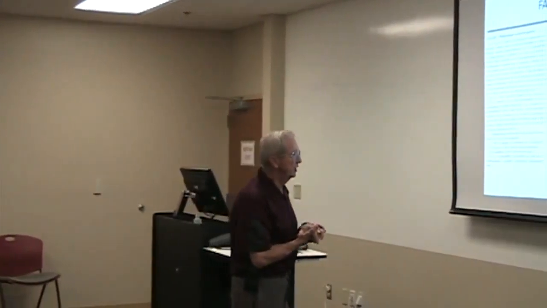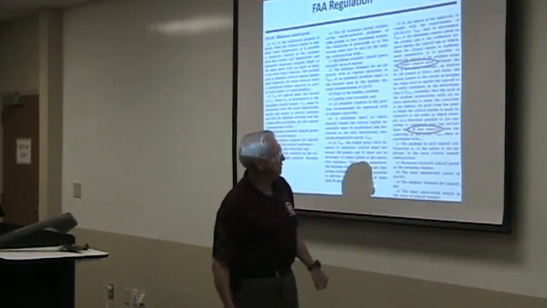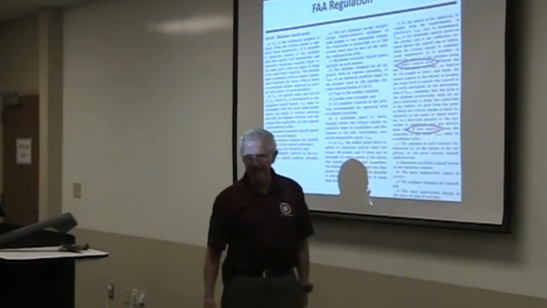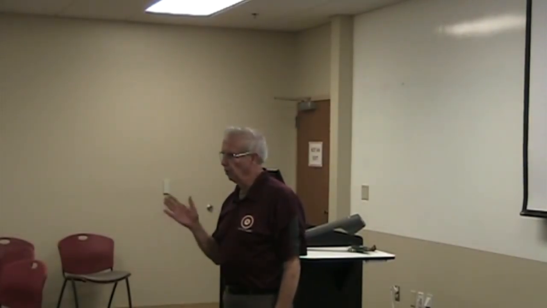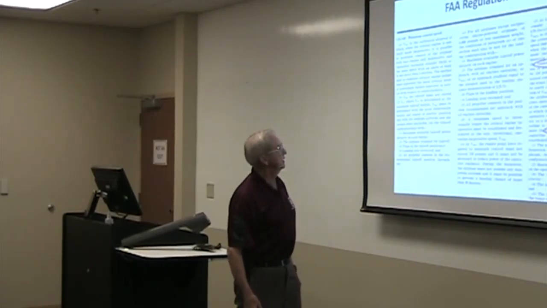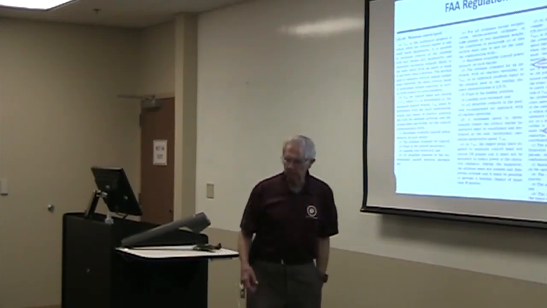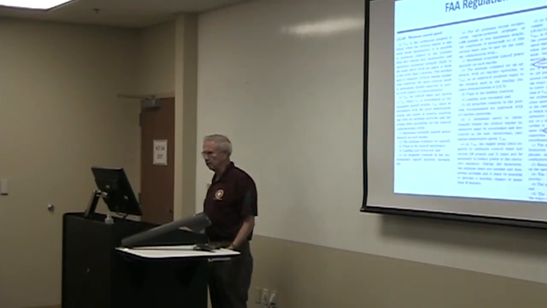Also having minimum control speed on the ground, and if you fail an engine at the minimum control speed on the ground, VMCG as it's called, you can't deviate from, say, the runway center line more than 30 feet. You deviate more with an engine failure, you don't pass. So you have to have an adequate rudder to be able to do that, in addition to being able to maintain the in-flight minimum control speed.